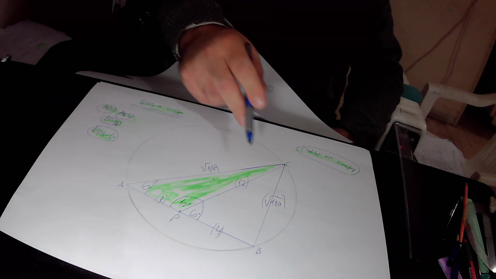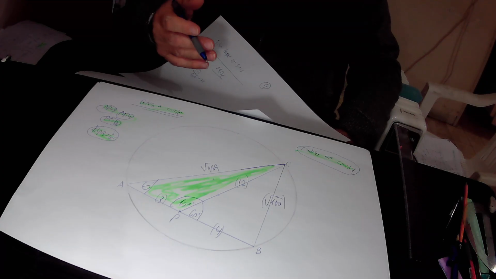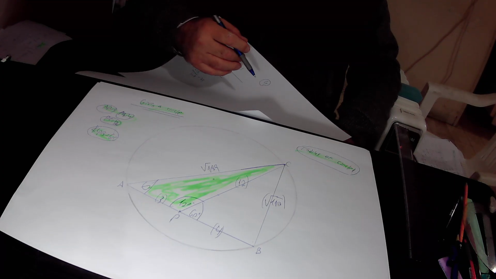R is the radius of this circle. That is the radius that we are looking for in this question.